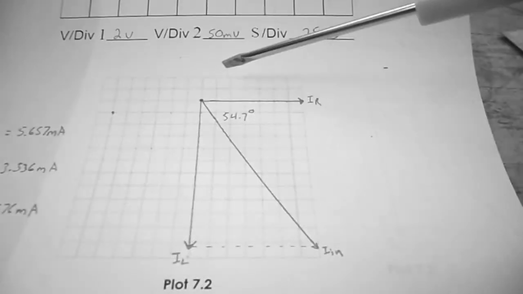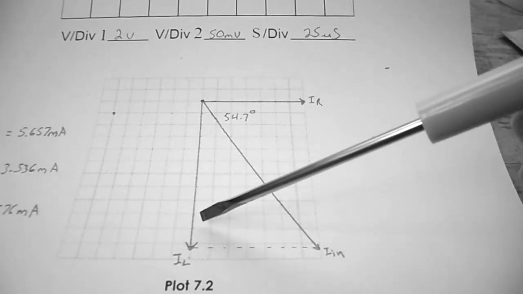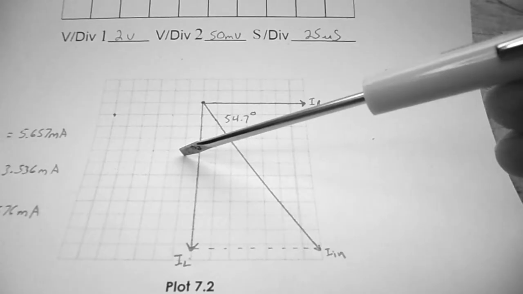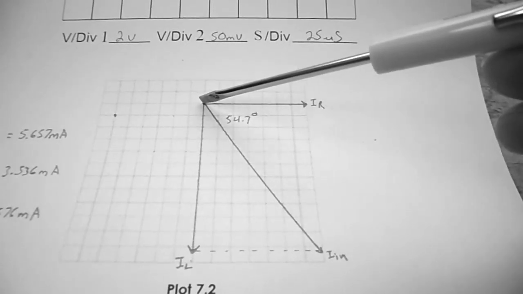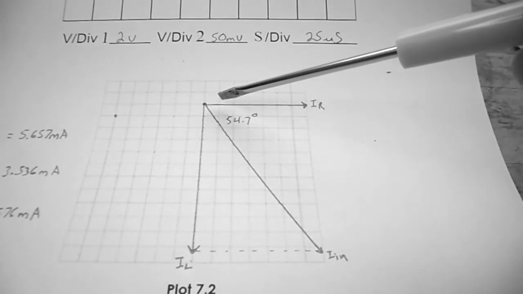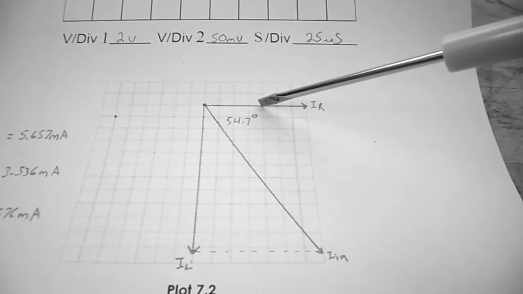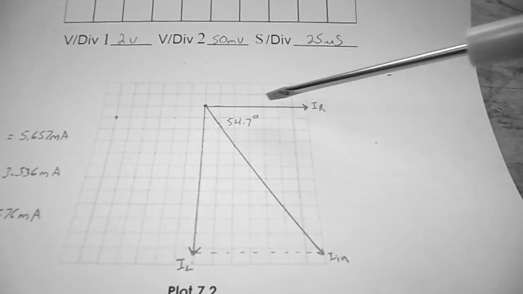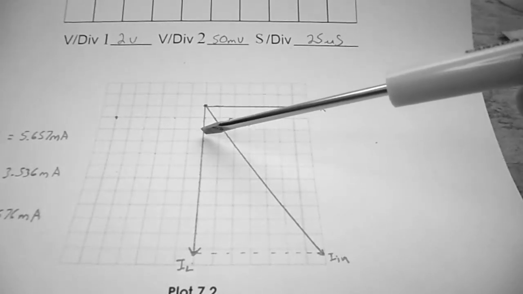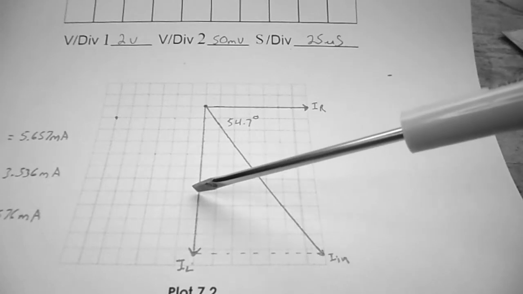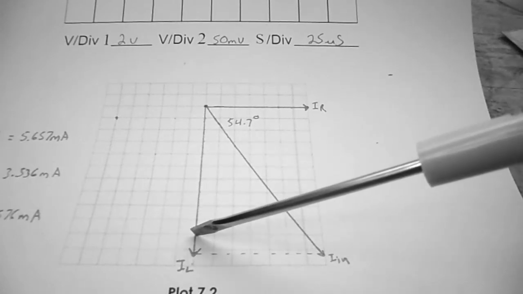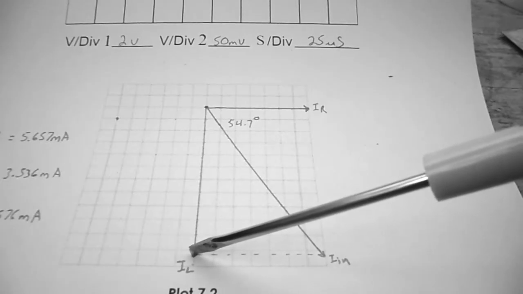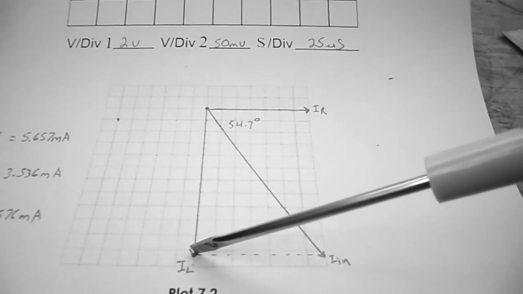Now when drawing your phasor, remember your 0 point does not have to be in the center of the diagram. We can put it up here so that I've got 0.5, 1, 1.5, 2, 2.5, 3, 3.5 for my IR, and you can see I have half 1, half 2, half 3, half 4, half 5, half, and we wanted 5.6, so it's approximately there for IL.